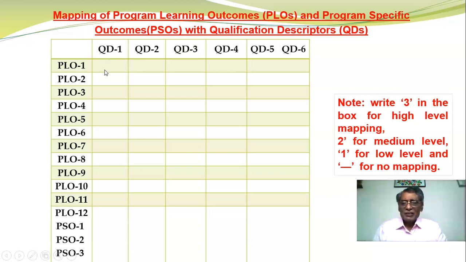So here, in every box, you have to mention either 3 or 2 or 1 or dash. 3 again for high level mapping, 2 for medium level mapping, and 1 for low level, and dash for no mapping. Right? This is very, very important, sir. Right.